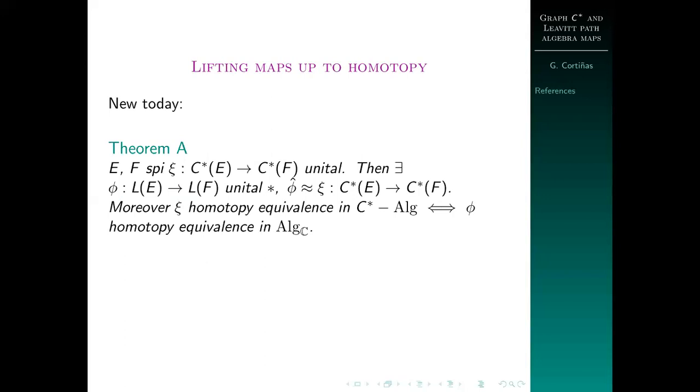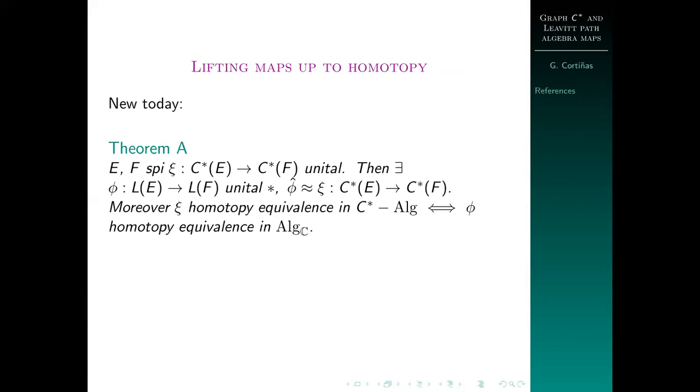In particular, if psi is an isomorphism, then it is a homotopy equivalence, and so it lifts to a homotopy equivalence. So you may say that the result I presented in the previous slide that we have with Diego Montero is a lift of the previous existing result of Cuntz-Krieger, in the sense that isomorphisms lift to homotopy equivalences.